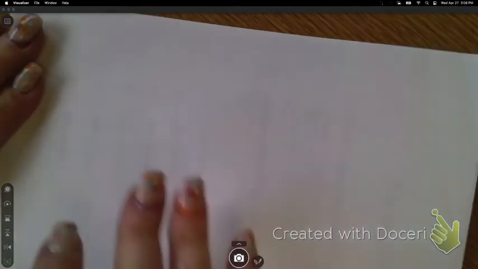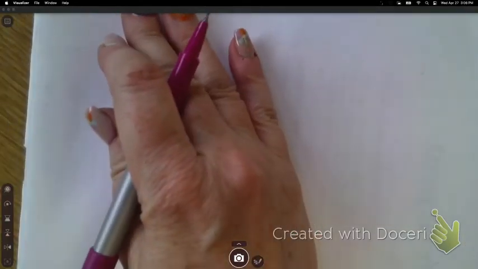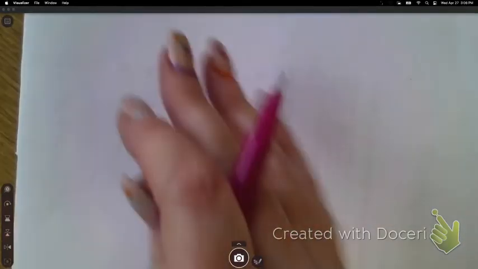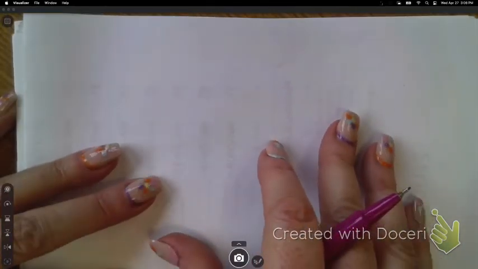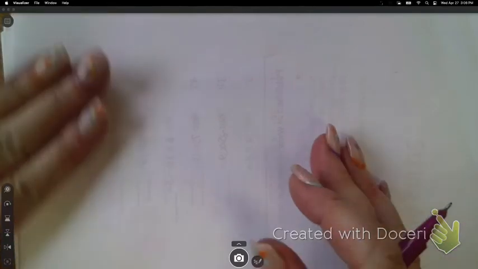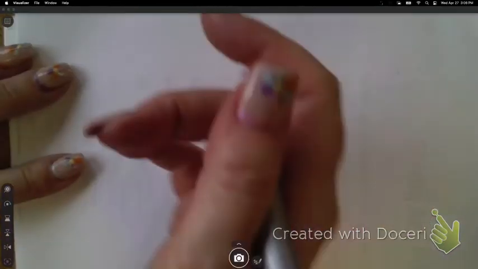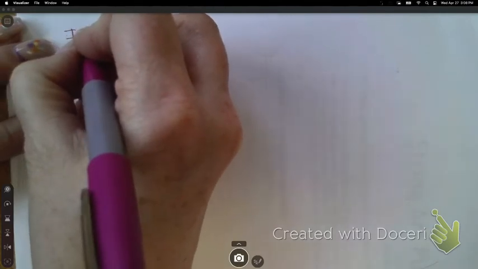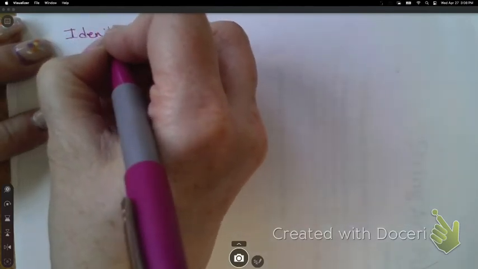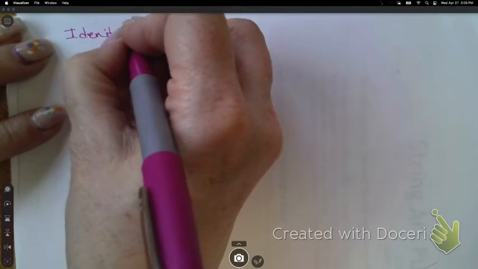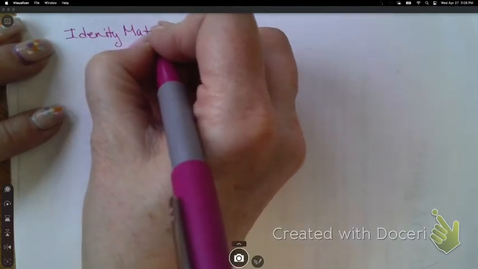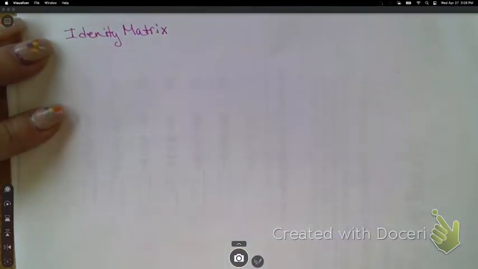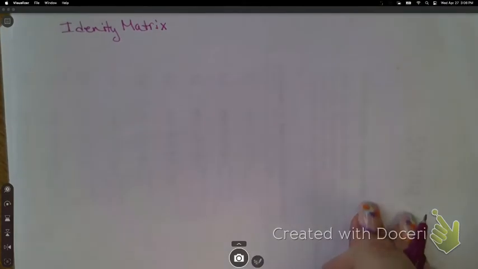So when I have a multiplicative identity, it's the number I multiply something by that doesn't change it at all, right? So the identity matrix is a matrix I can multiply by a matrix and get itself.